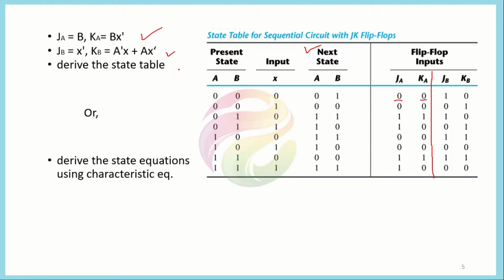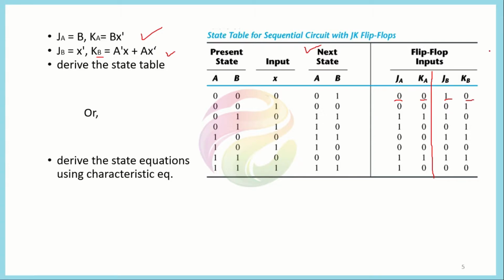For the second flip-flop, JB is equal to the X complement, so it becomes 1, while KB is the exclusive OR of these two terms, so it would also be equal to 0. So now we have the values of JA, KA and JB, KB.